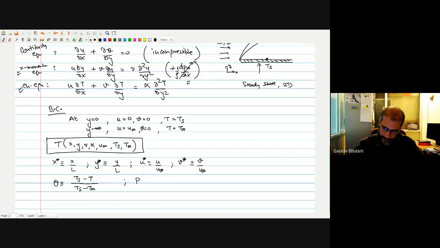And if required, we can non-dimensionalize the pressure as well, like this. In this case, we won't need that because we're talking about a flat plate where my dp infinity by dx is 0. But we can still include this term.